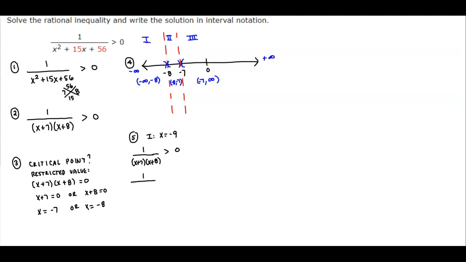So we have 1 over -9 plus 7 times -9 plus 8. Well, -9 plus 7 is -2, and -9 plus 8 is -1. A -2 times a -1 is +2, so this is +1/2, which is greater than 0, and therefore it's true for region number 1.